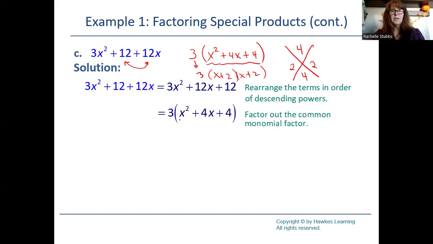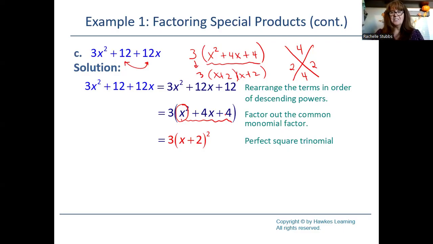Now, here's what I want you to recognize. Once we got to this point right here, one of the things that you can do to see if it's a perfect square trinomial is to look at the first term. And if it's a perfect square, meaning I can take the square root of it and there's nothing left, like 1, 4, 9, 16, 25, 36, 49, and so forth.